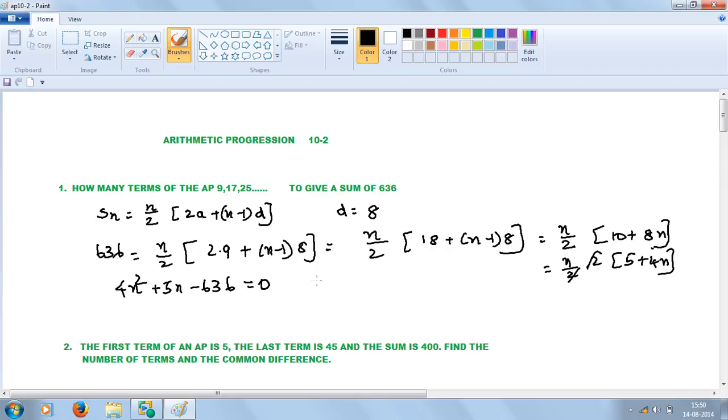So the constant term 636 suggests this can be 6 into 106, or it is 12 multiplied by 53.